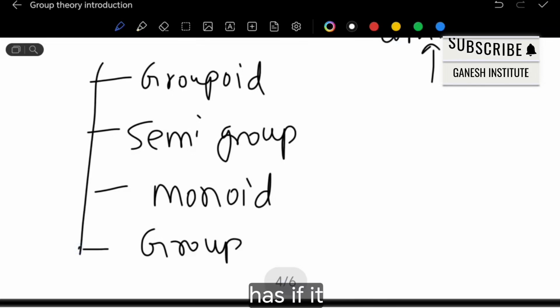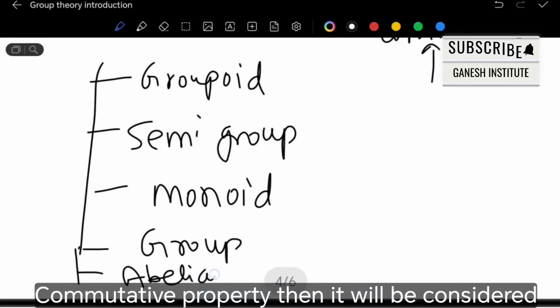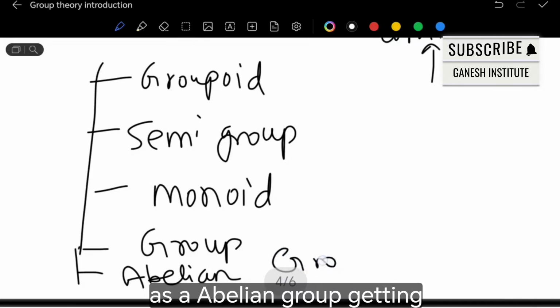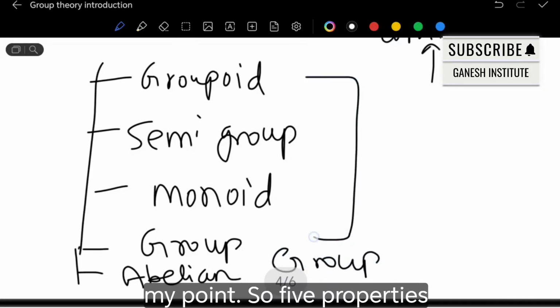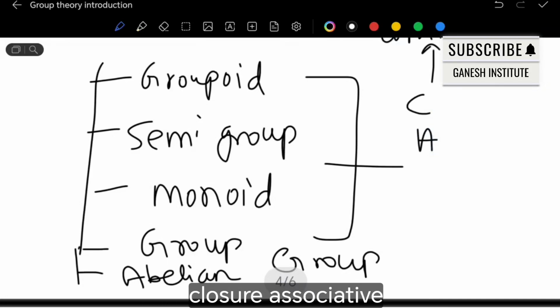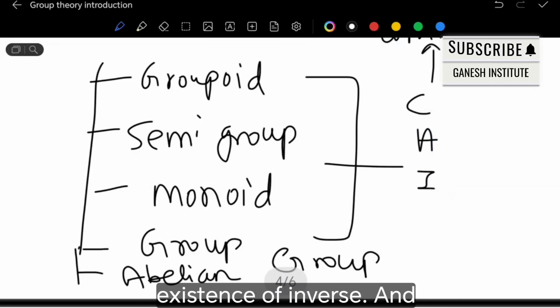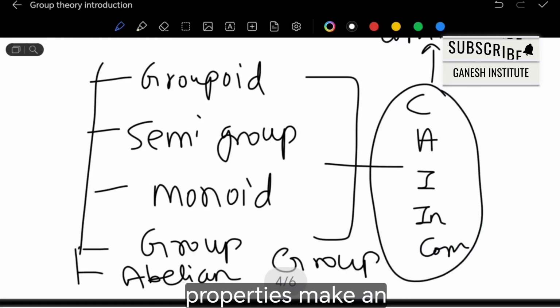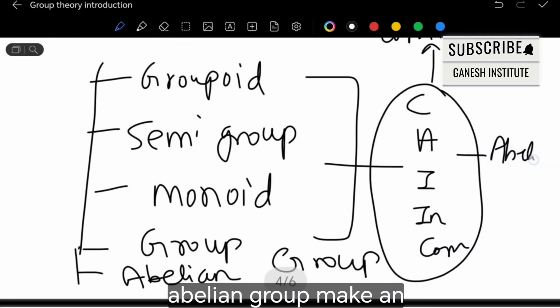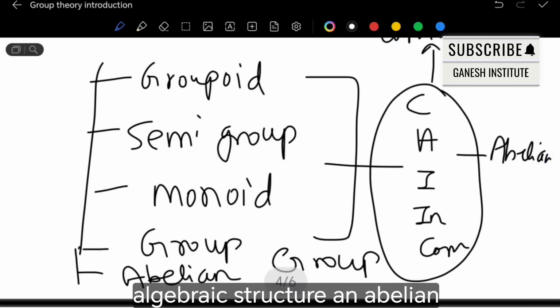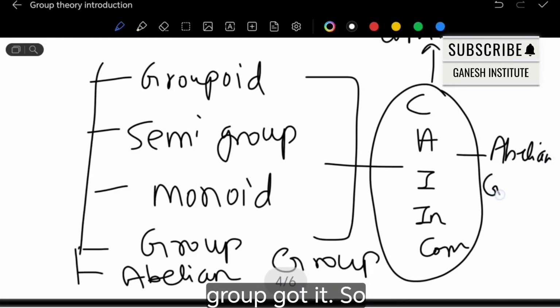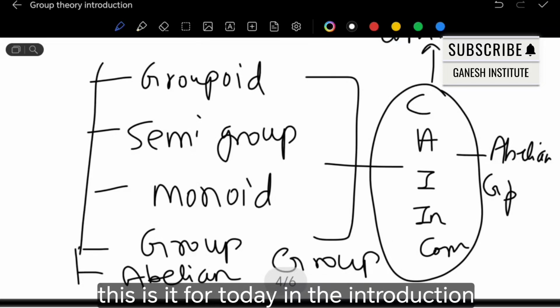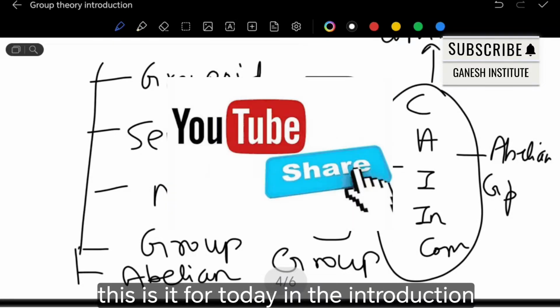And then if it has commutative property, it will be considered an abelian group. Getting my point? So 5 properties: closure, associative, existence of identity, existence of inverse, and commutativity. These 5 properties make an algebraic structure an abelian group. Got it? So this is it for today in the introduction of group theory.